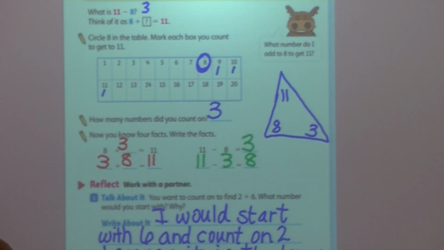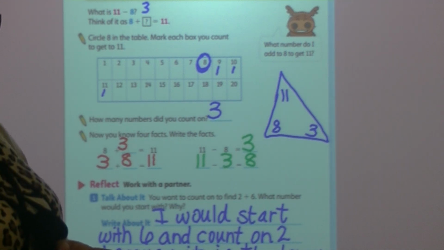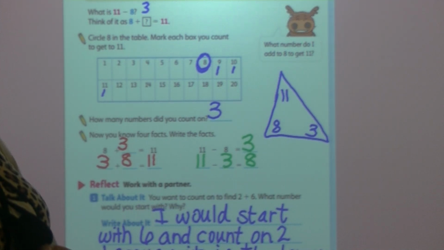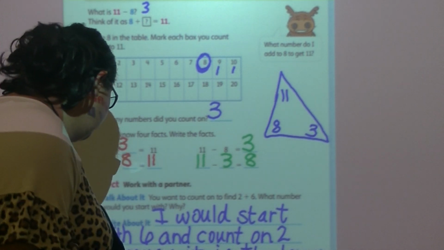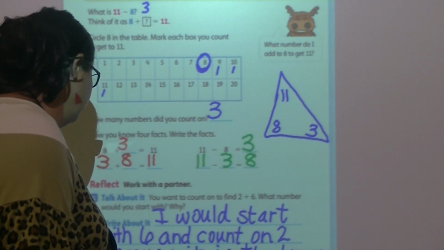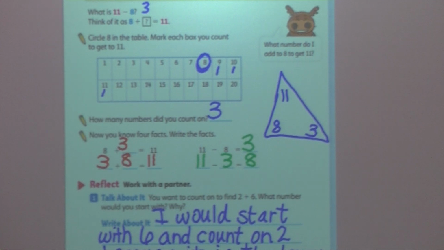Now, what we're going to do today is do a little practice with making fact families, and you're going to do it with Google Slides. So I'm going to exit out of this.